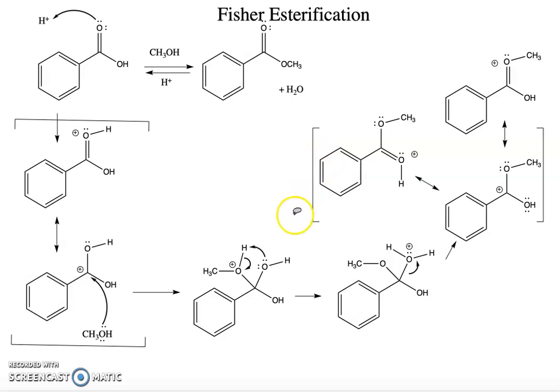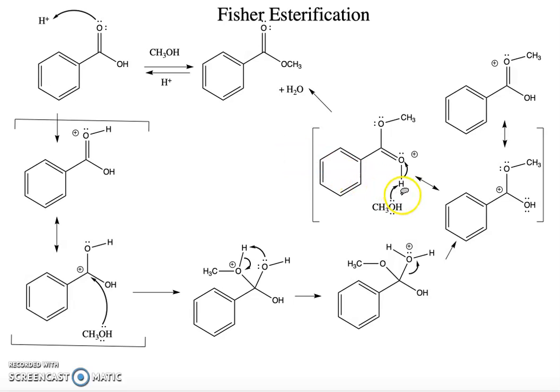Okay, what I want you to notice is that this resonance structure right here is very, very close to our final product. In fact, all we have to do is lose 1 hydrogen to get our final product, and some base comes along and takes that hydrogen. It might be another molecule of methanol or something, but something removes that hydrogen, we get our final product.